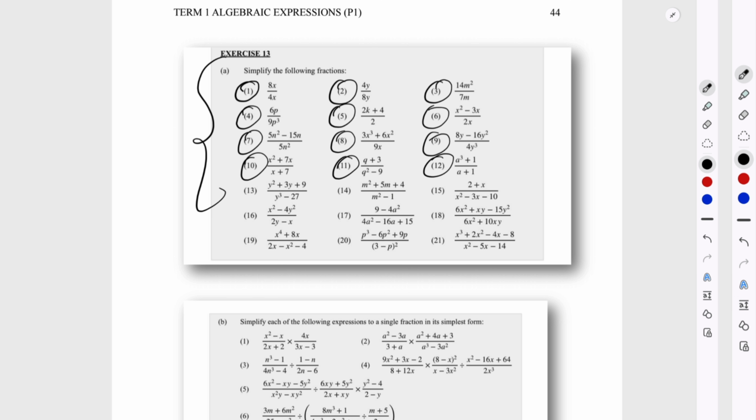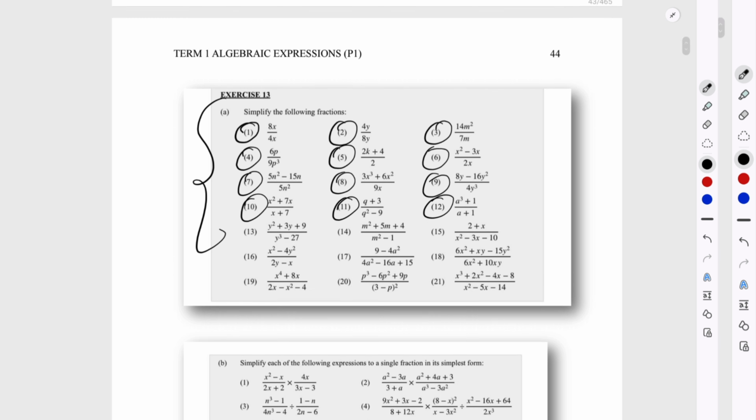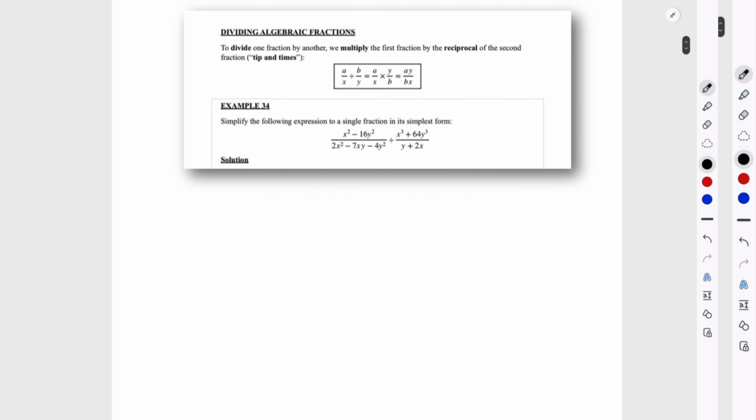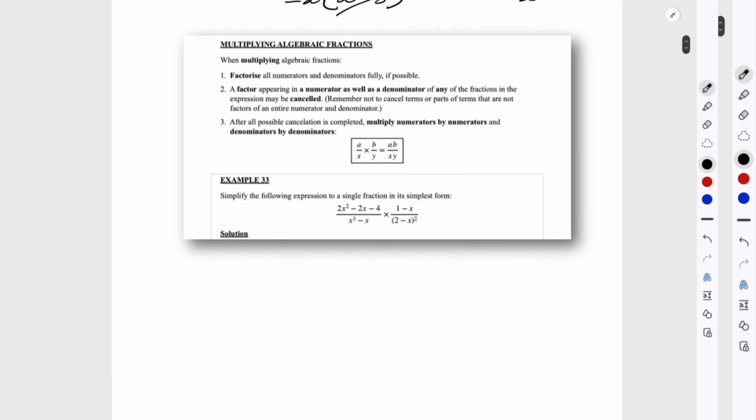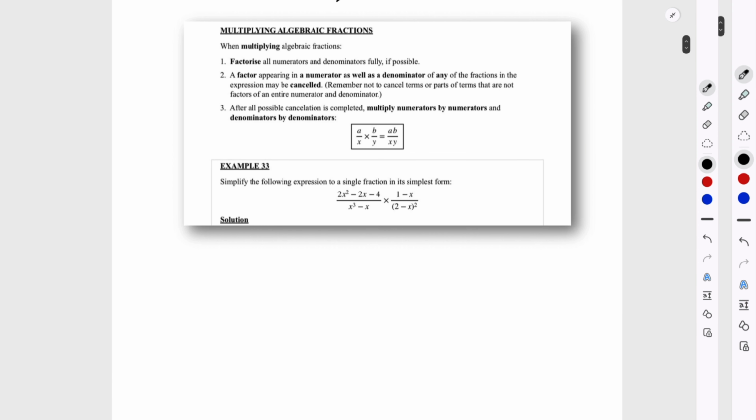Once you've tried here and you know that you are good, now we can move to multiplying algebraic fractions. Please go and try that. Pause the video now. Try more of those. Try. Remember, practice makes perfect. The more you practice, the more you get it. Good. Let's do this one here.